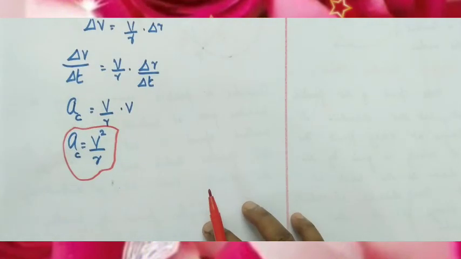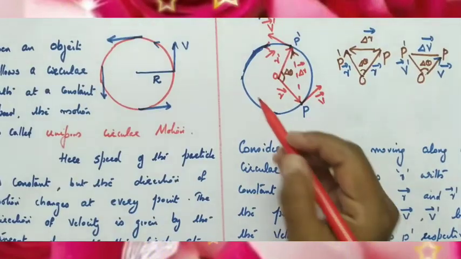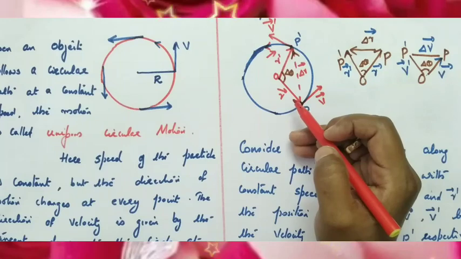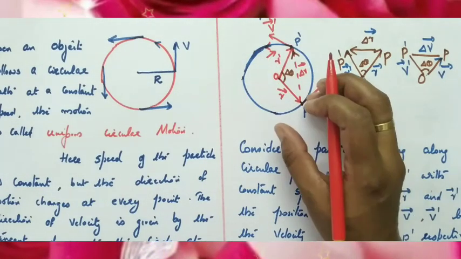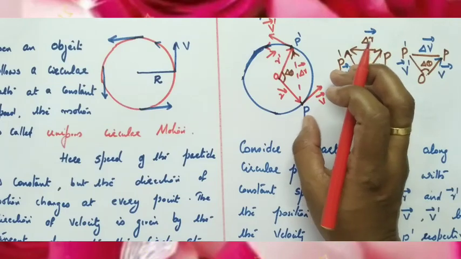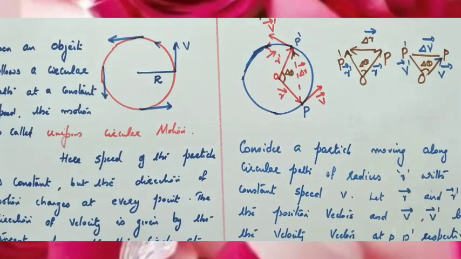Direction is always towards the center. The direction of acceleration is towards the center, therefore it is called centripetal, towards the center. So centripetal acceleration a c is equal to v square by r, and its direction is always towards the center. Okay children?